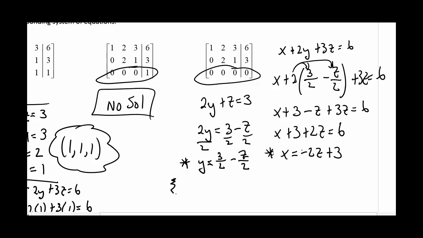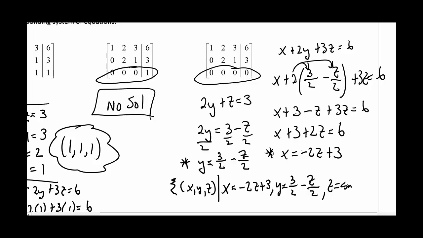So my solution is going to be the ordered triple where x is negative 2z plus 3, y is 3/2 minus z over 2, and z is any number. And so now what I've said is, yes, there's an infinite number of solutions that'll make this true, but honestly, it's z that matters. So you tell me z, and then I can define the other variables in terms of it.